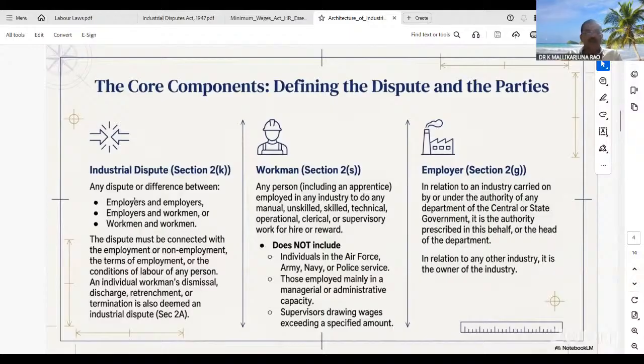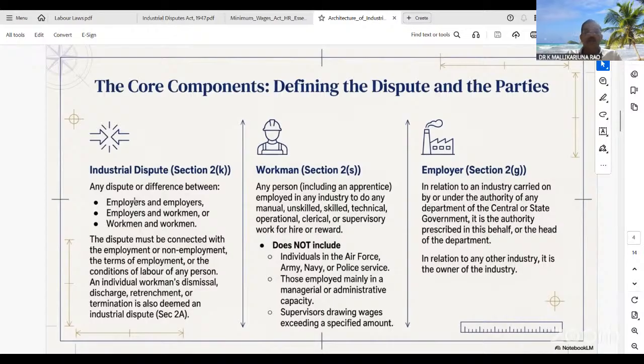These disputes must be connected with employment or non-employment, terms of employment, or conditions of labor, or any person's or individual's work, dismissal, discharge, and retrenchment. Anything can happen, and the causes are mentioned in Section 2, subsection A of the Industrial Disputes Act 1947.